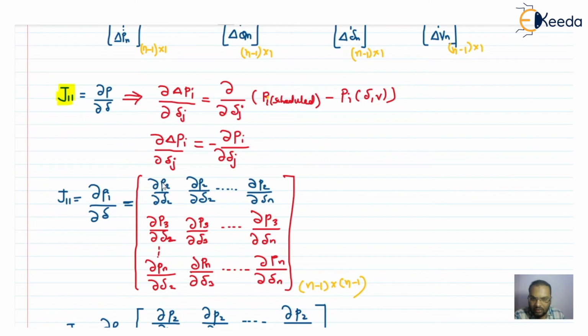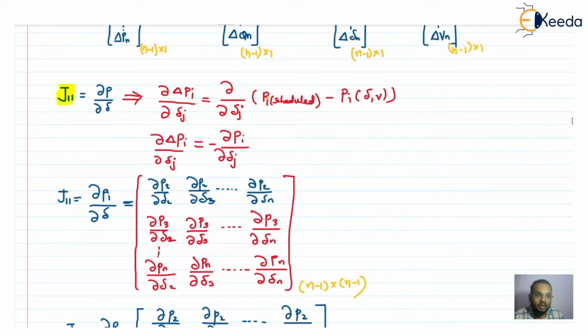So partial differentiation of the real power on the second bus with respect to the phase angle on the second bus, then on the third bus, and this way up to the nth bus. Next row, partial differentiation of the real power on the third bus with respect to the phase angle on the second bus, third bus, up to the nth bus. So J11 is a matrix having n minus 1 by n minus 1 terms.